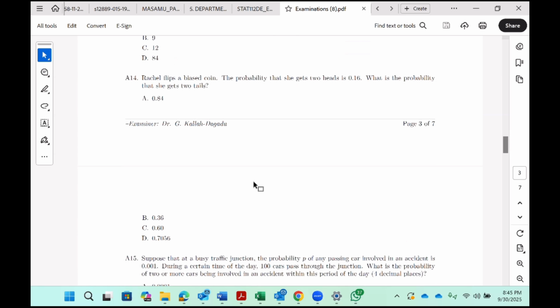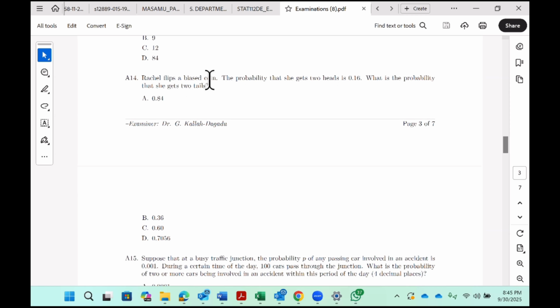So 14, Rachel flips a biased coin. The probability that she gets 2 heads is 0.16. What is the probability that she gets 2 tails?